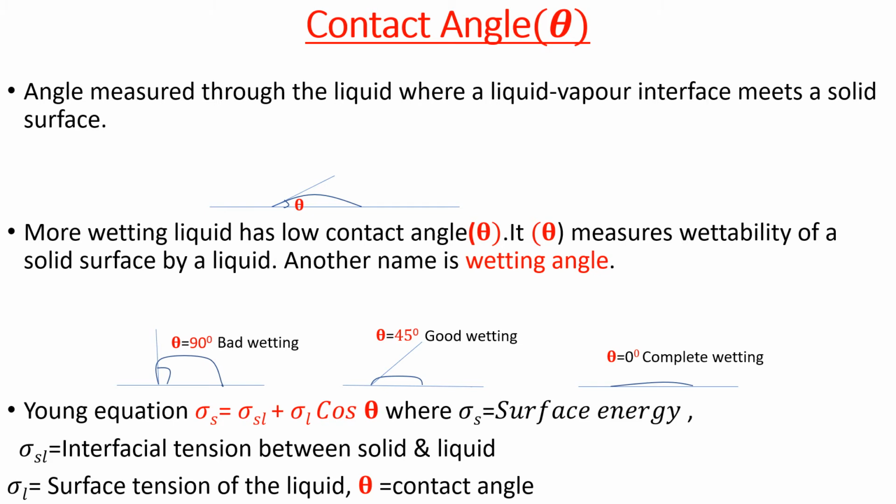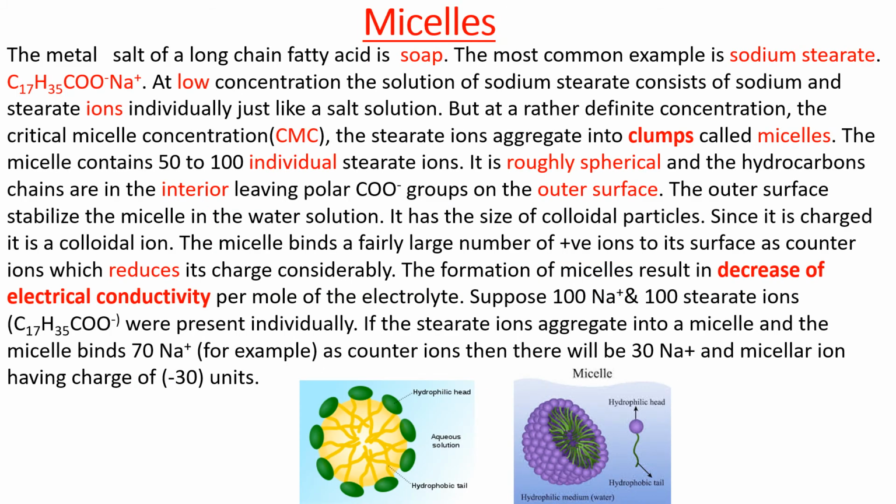A question may be asked, what is meant by contact angle? The next topic is micelles. Now what is soap? Soap means the metal salt of a long chain fatty acid. For example, sodium stearate, with formula C17H35COO minus Na plus.